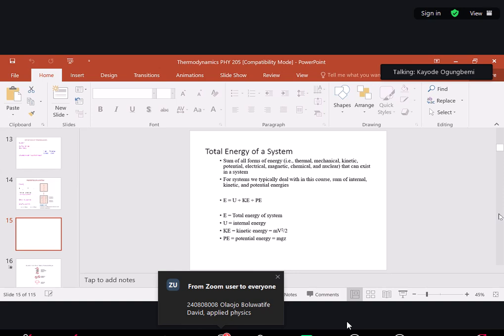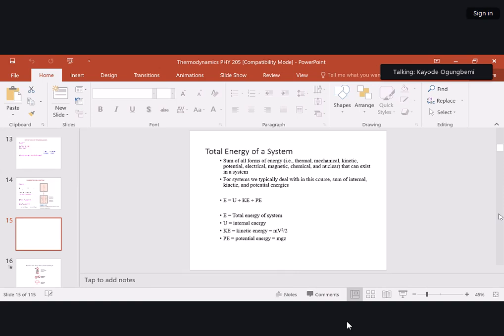And energy can also be subdivided into another form. We have what we call the spin energy, and then the energy as a result of vibrational energy, rotational energy of a system. If you want to look at it in details, the energies all put together are what we call the total energy of a system.